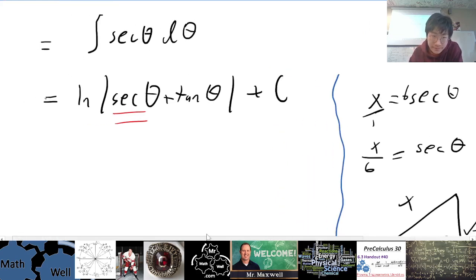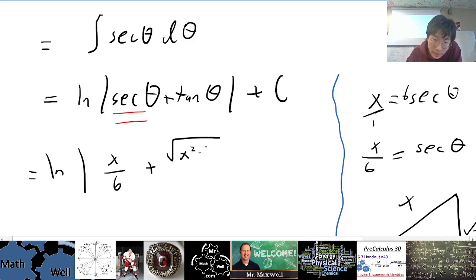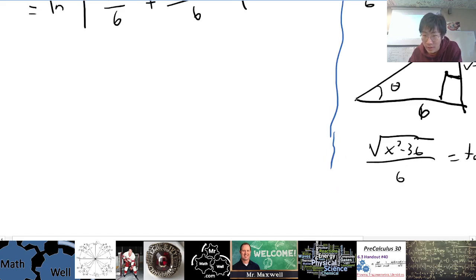antiderivative. So now we're going to have the ln of the absolute value of x over 6 plus root x squared minus 36 all over 6 plus c. And of course we can simplify that once if we want, because we got a common denominator in that ln function.